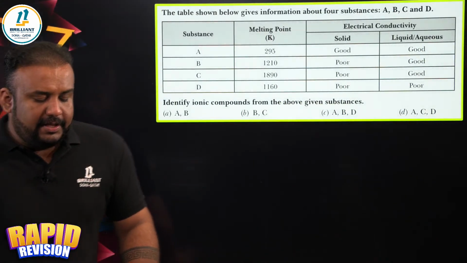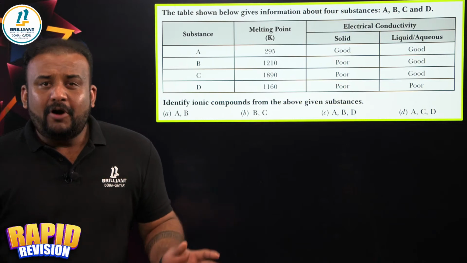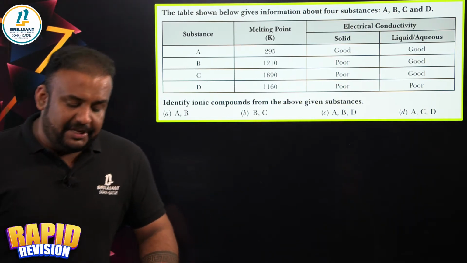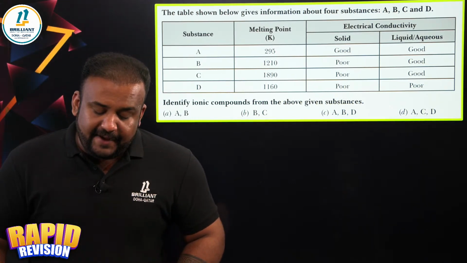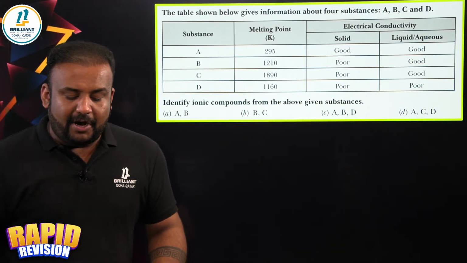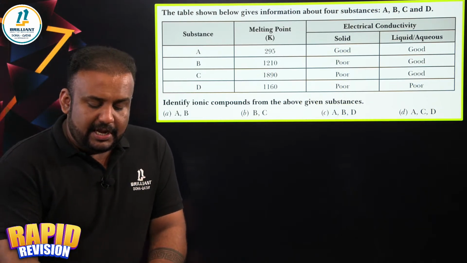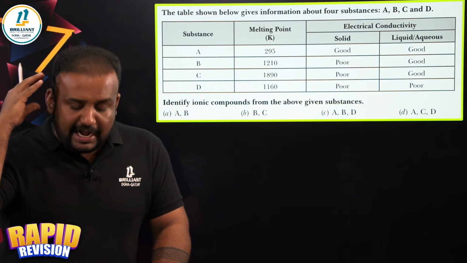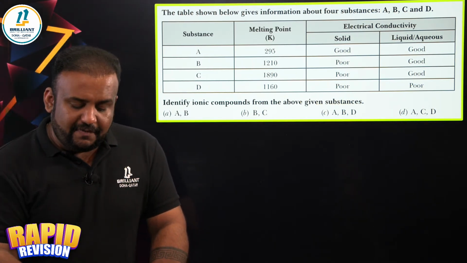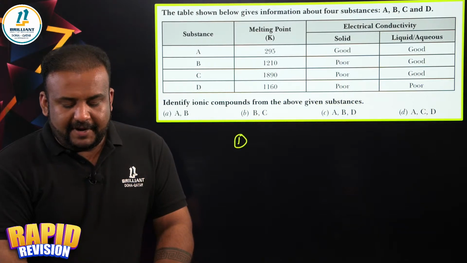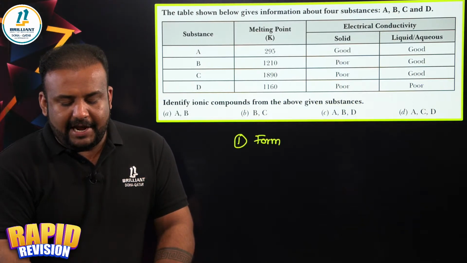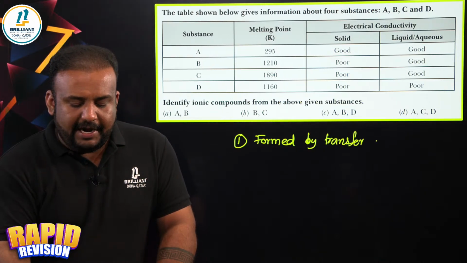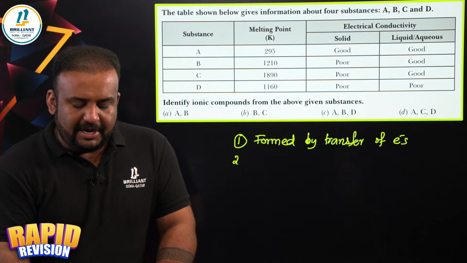Right. The next question. A very important question. The table shown below gives information about 4 substances A, B, C, D. Identify the ionic compounds from the above given substances. Okay, before we try to answer this question, let me just ask you, what are the properties of ionic compounds? First thing, they are formed by transfer of electrons from metal to non-metal.